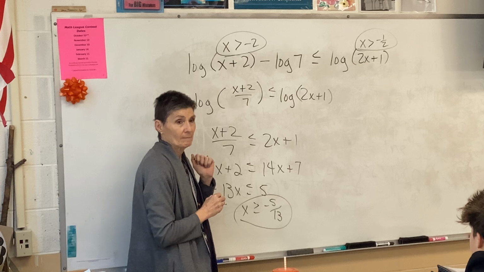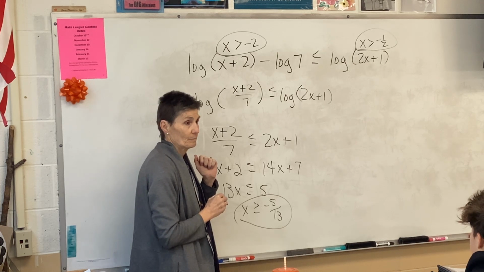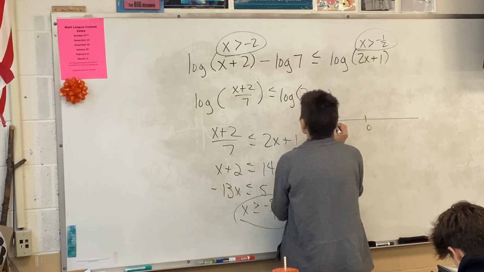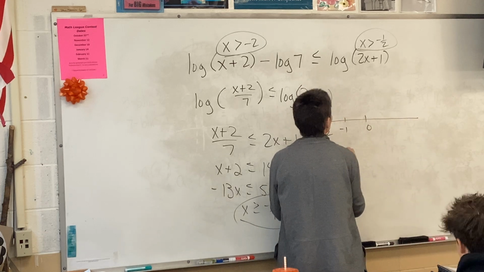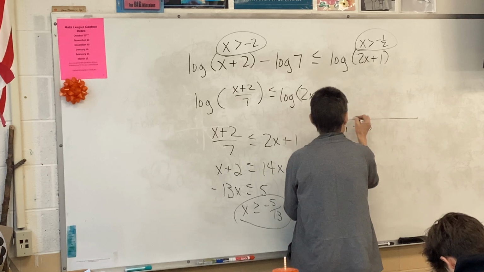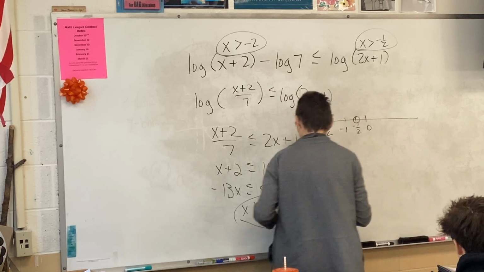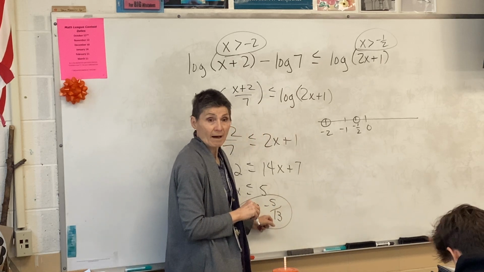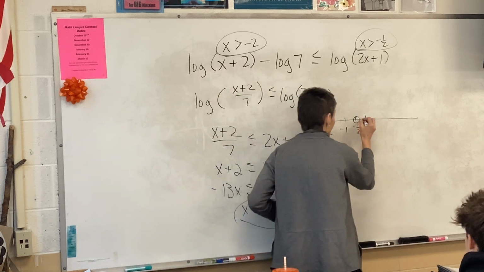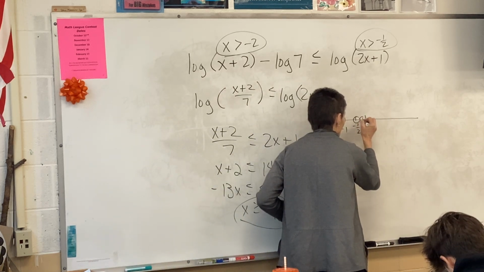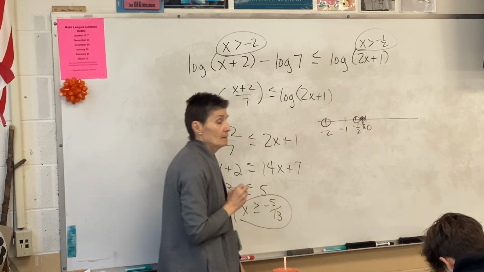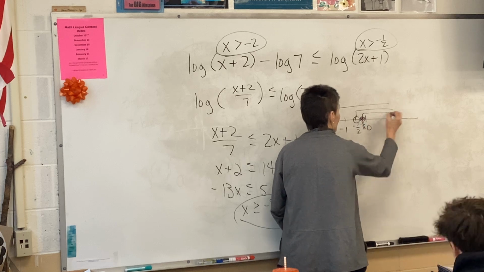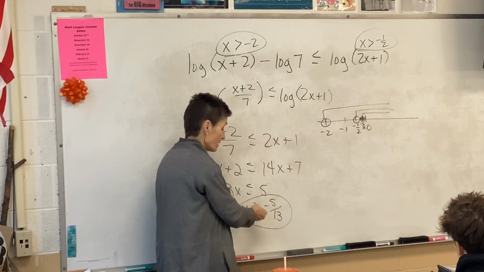What's my answer gonna be? You got your number line. Here's -2, here's -1, here's -1/2. And what's that? I don't know, but it's not a half. So it would be like right here. And I have to be bigger than all of those things. So isn't that just my answer?